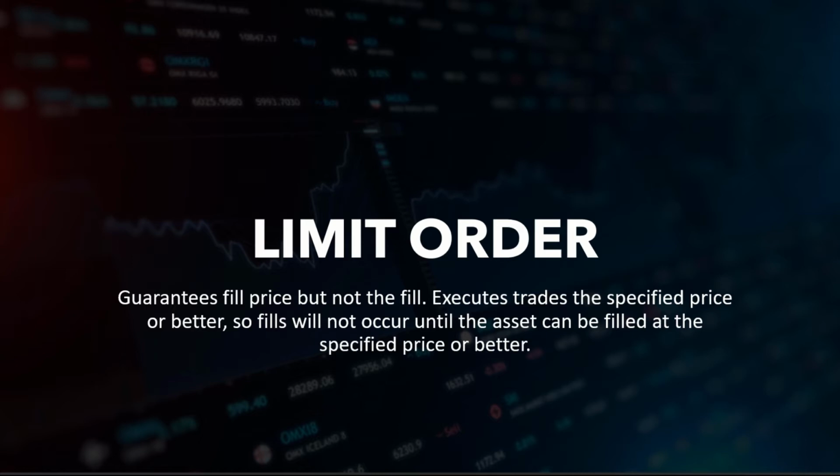So we put in a limit order and we put in our limit price as $100. This trade will only get executed if Apple shares can be bought at $100. So if you put in a limit order for Apple shares at $100, you will not pay more than $100 per share. That is guaranteed.